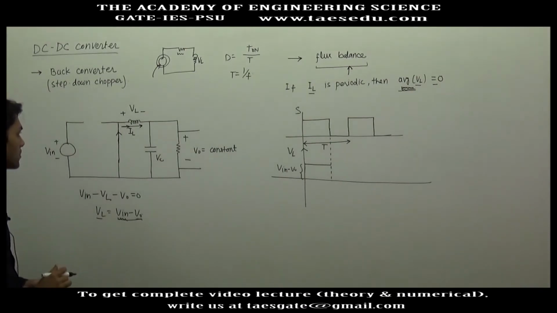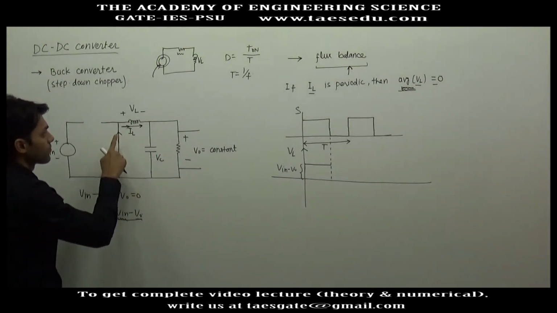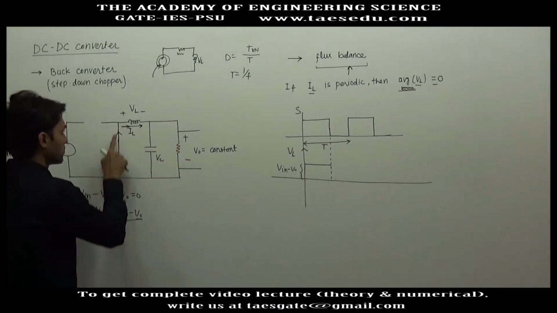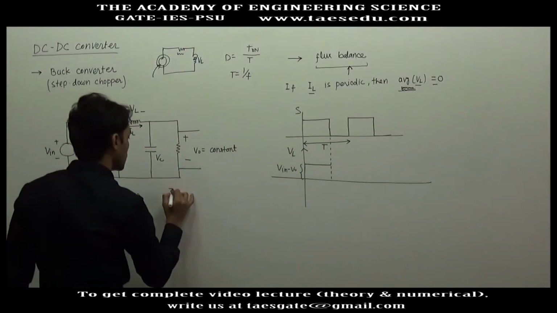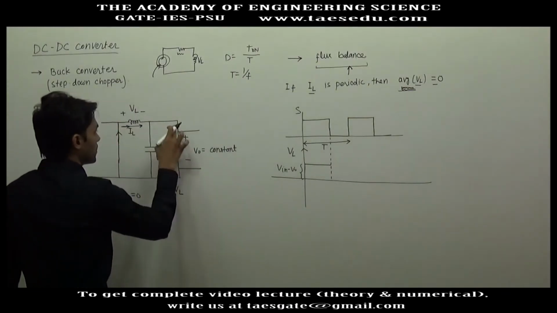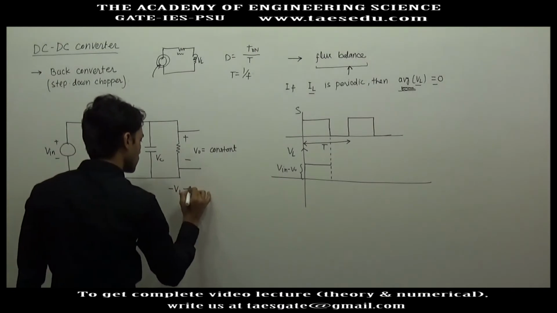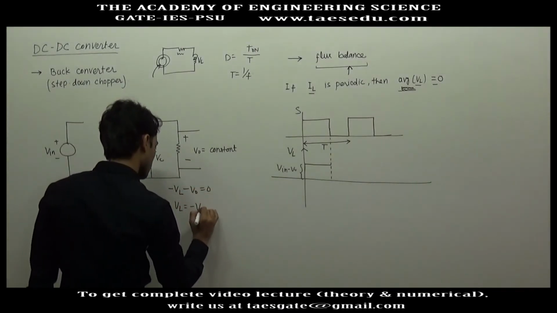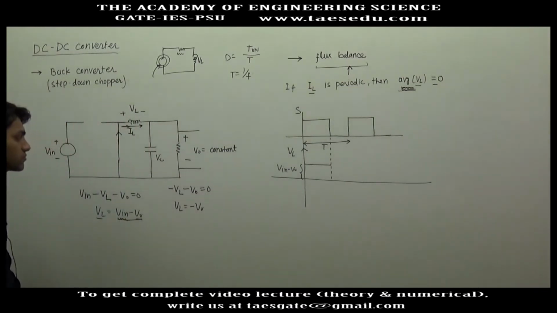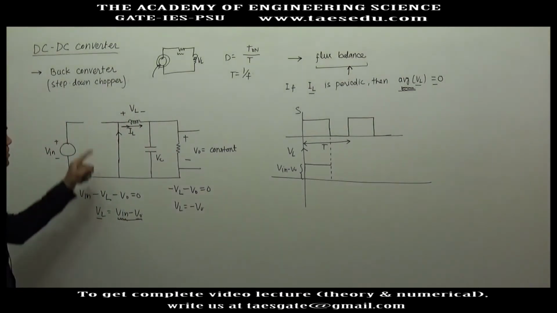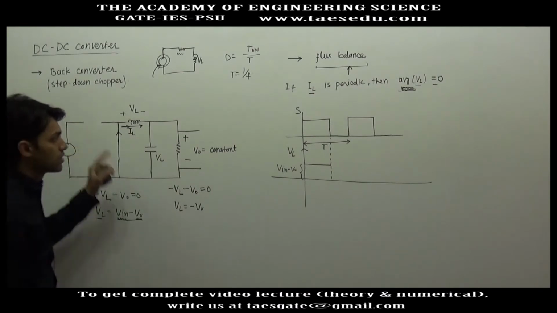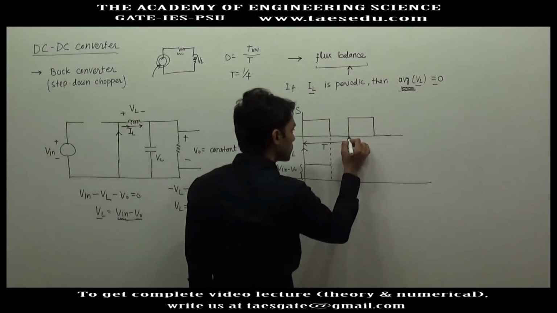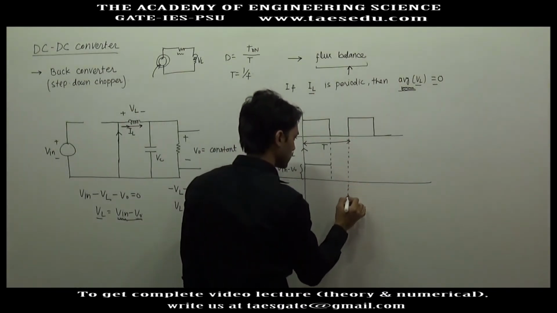Now if it is short, what is the inductor voltage? If you move in this loop, here you have drop of inductor voltage, and here also you have drop of output voltage. So VL equal to minus V naught. So when this switch is off, the inductor voltage will be minus V naught.